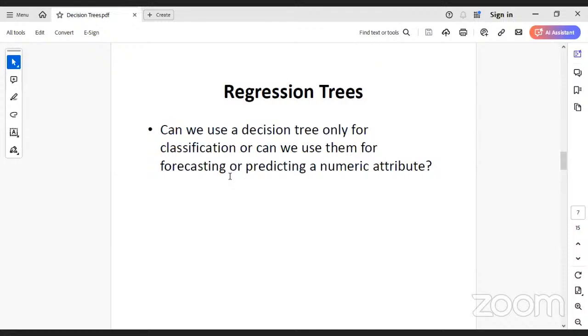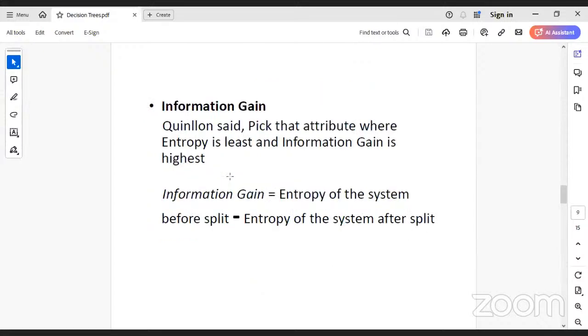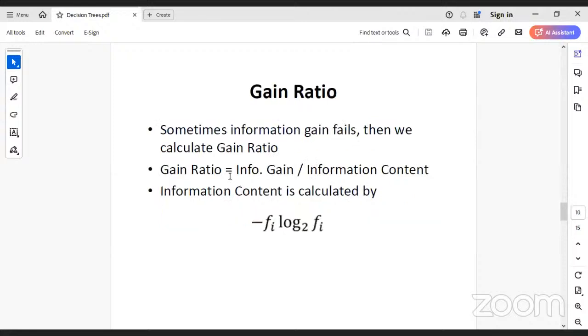Regression trees. Decision trees can also be used for regression with a small change. Then, how the data is split. Initially it was the entropy concept on which the data was split. Then they modified it to information gain.